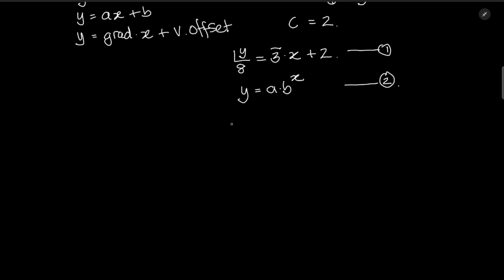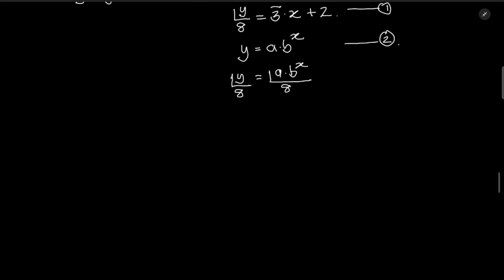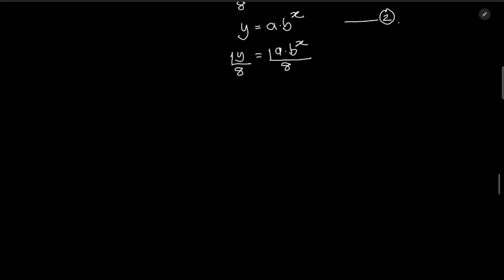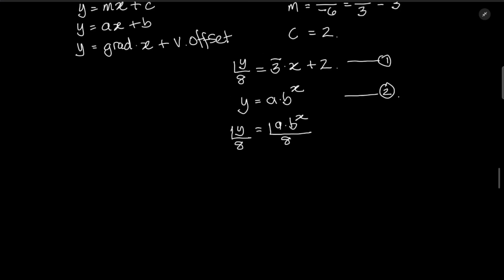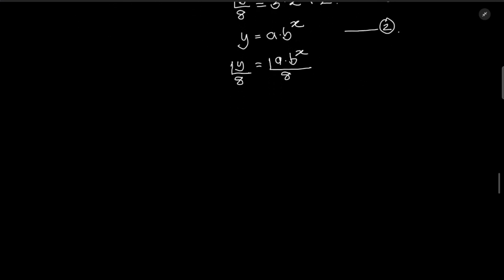So log 8 y equals log 8 of a times b power x. Now we can use our logarithm rules to rearrange the right hand side. In fact, the left hand side is already the same as equation 1, right?